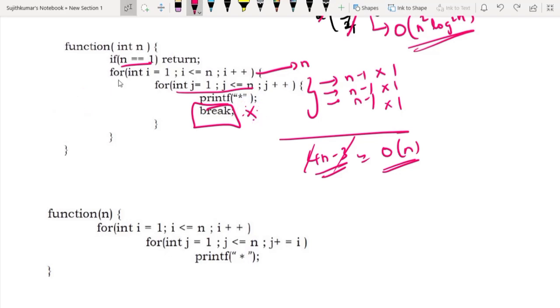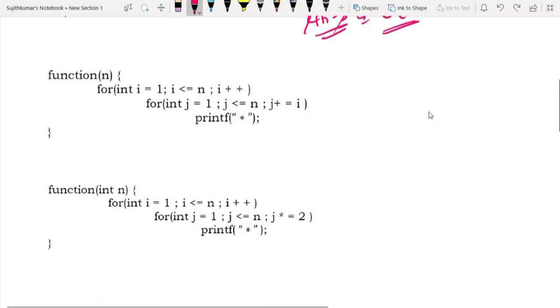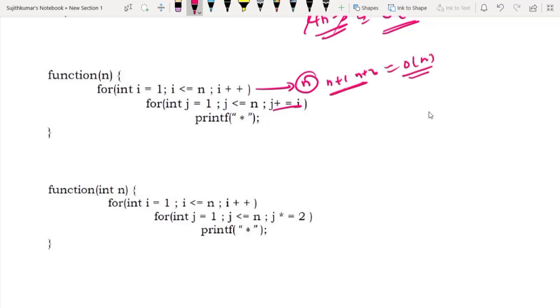So let's go for the next question. I think it's pretty simple, but that's the trick here. You can see this will go only for n plus n times, I could say n times. It doesn't matter whether I say n or n plus 1 or n plus 2, both refer to the same big O, O of n.